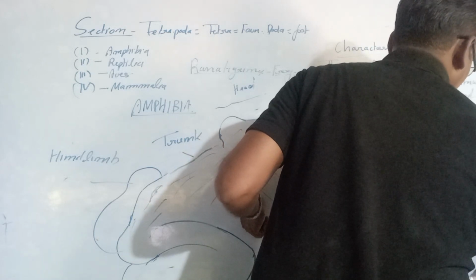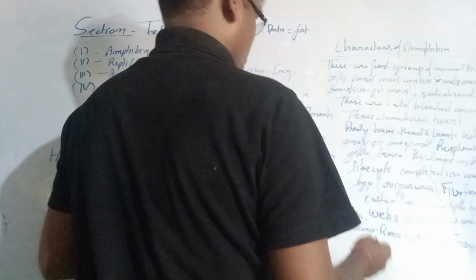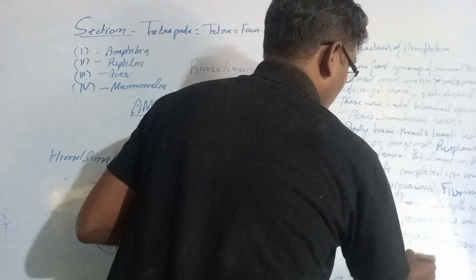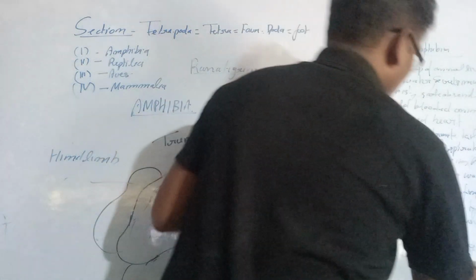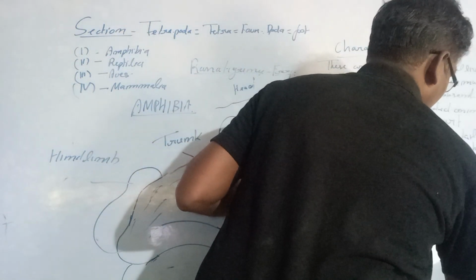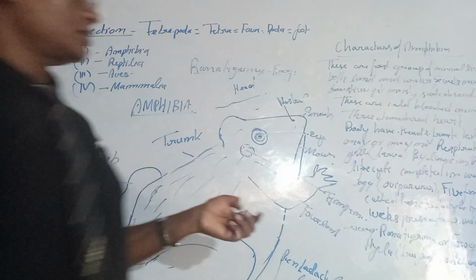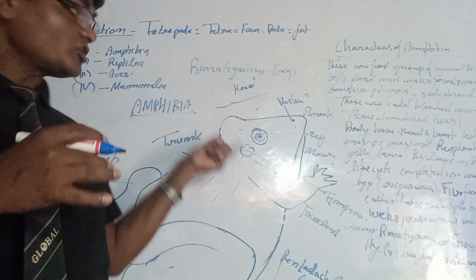Bufo, that is toad, and Hyla, that is tree frog, and also salamanders, etc. These are the examples of the class Amphibia.